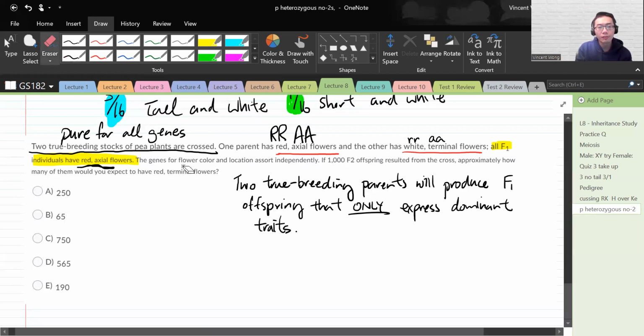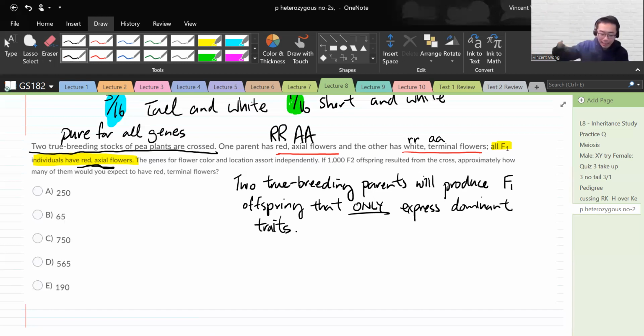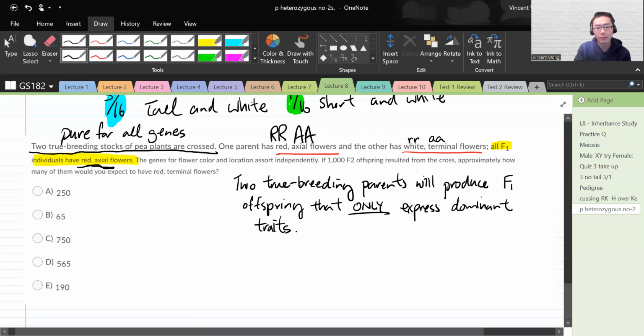The genes for the flower color and location are sorted independently. That means it's basically what we said earlier: whether you get the big R or small r has nothing to do with whether you get the big A or small a. So if 1,000 F2 offspring result from the cross, approximately how many would you expect to have red and terminal flowers?